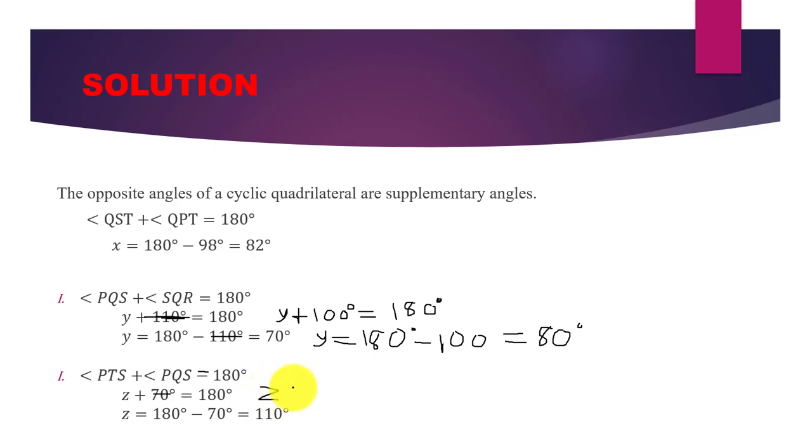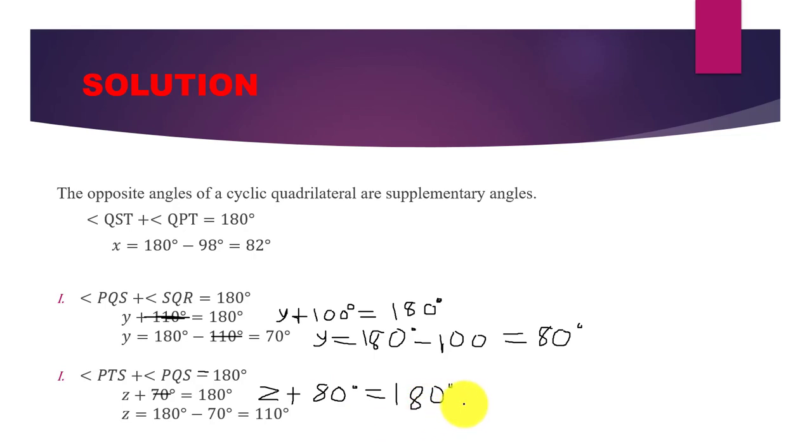So the new equation here becomes z plus 80 degrees equal to 180 degrees. If you want the value of z, then we subtract 80 degrees from 180 degrees, giving us 100 degrees.